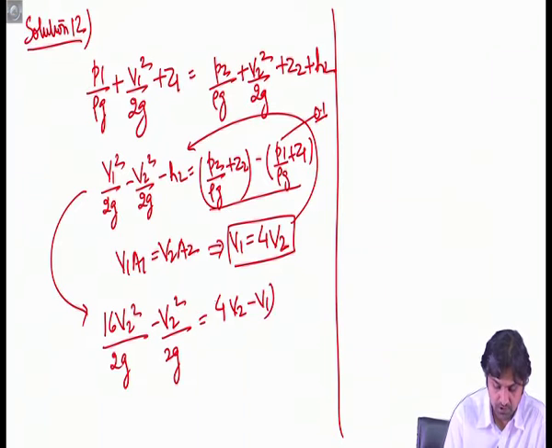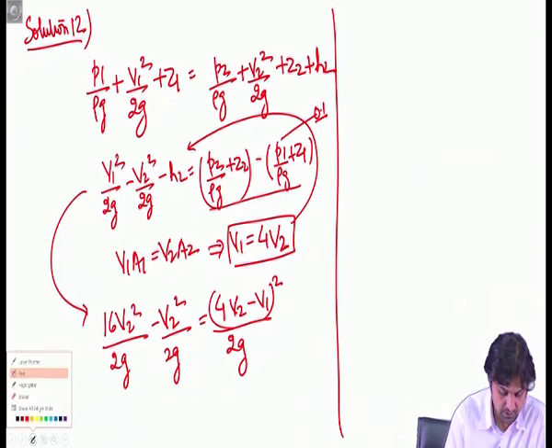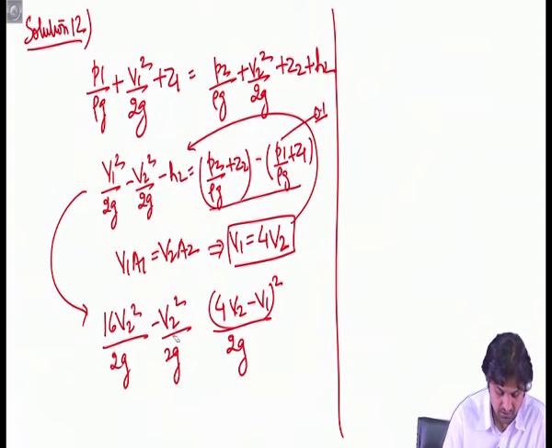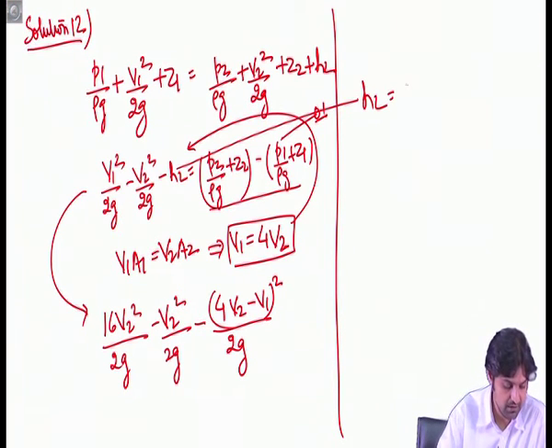V1 minus V2 whole square by 2g. Sorry, this is minus, because there was an entrance. You know, head loss HL is V1 minus V2 whole square by 2g.